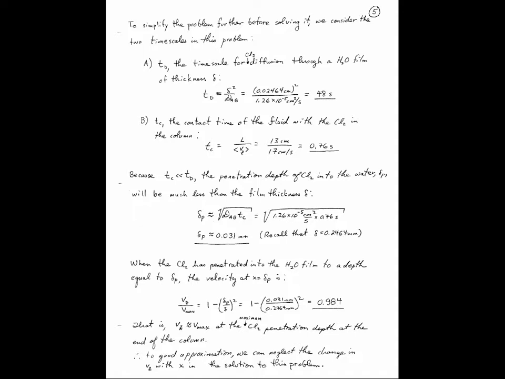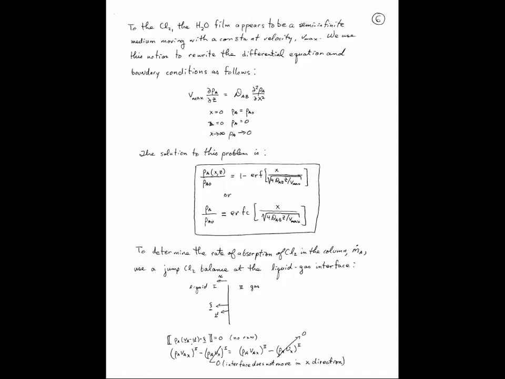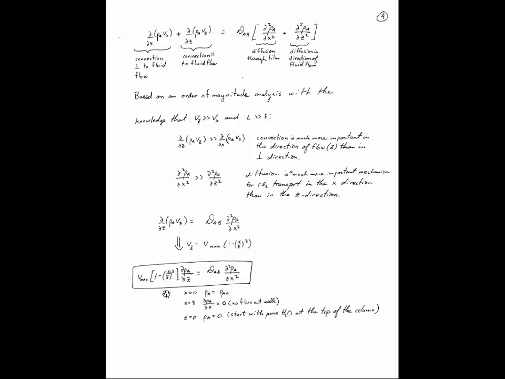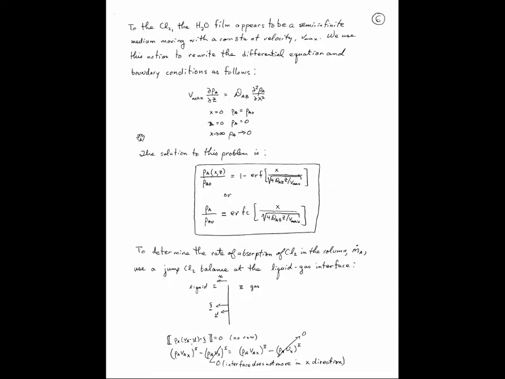So for all intents and purposes, as the chlorine is diffusing into the water that's flowing down the wall, it's seeing essentially the maximum velocity because it's only diffusing into that thin layer right at the gas-liquid interface. And that allows us to make the assumption that the velocity that appears here is essentially equal to the maximum velocity and is a constant.